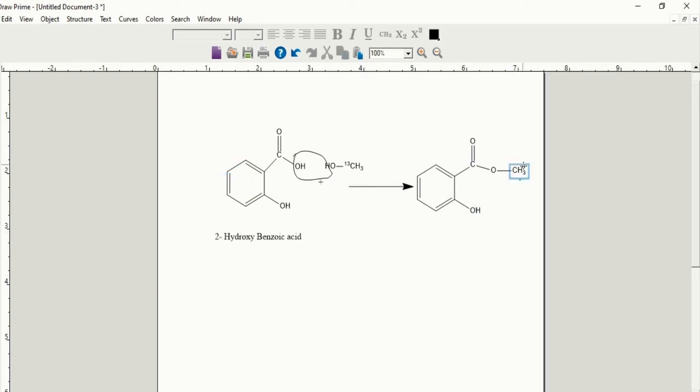So this structure: this was your alcohol component, the CH3 with the O. The C double bond O was your acidic component, which was salicylic acid. That will become salicylate, and the methanol will now turn into methyl. So this product over here will be called methyl salicylate. The alcohol component is always named first.